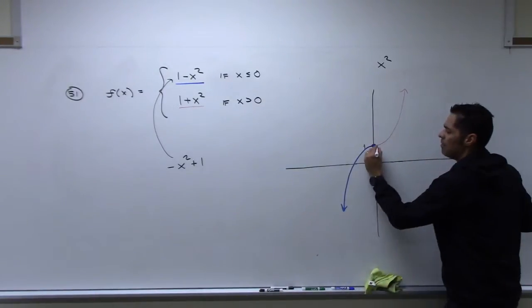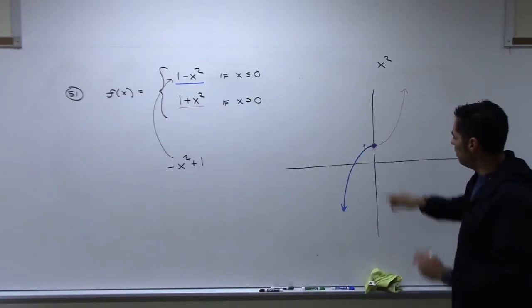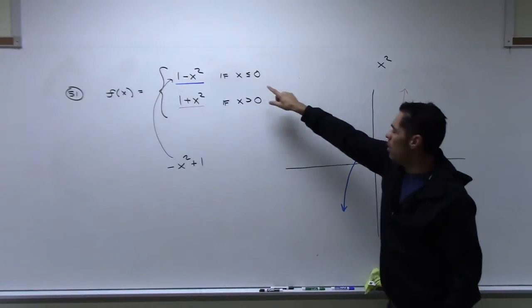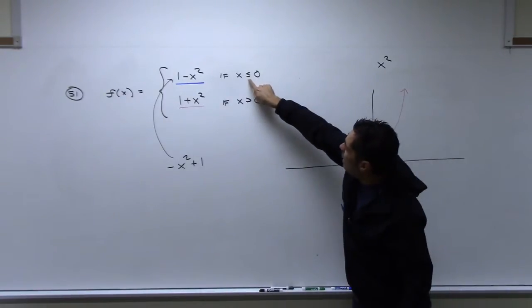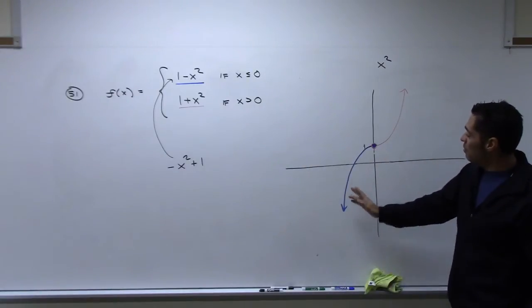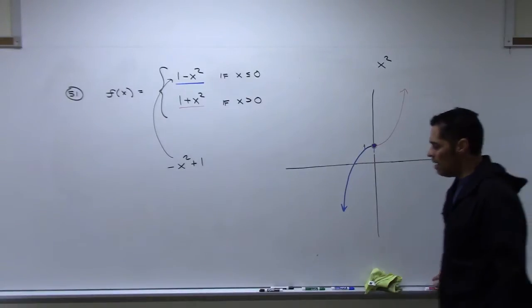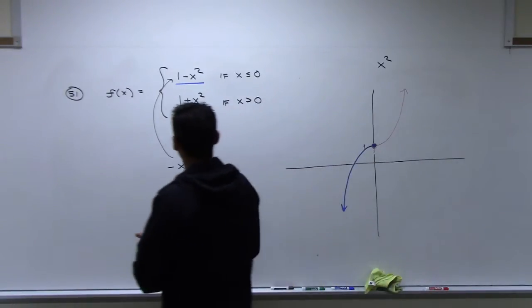And notice that would mean I have an open hole for this red part. Now the hole is being filled in because of the blue part, we're actually defined at 0. So you take the left side of the blue graph and the right side of the red graph, and you put them together and you get this new graph. And now we can go and answer some questions.